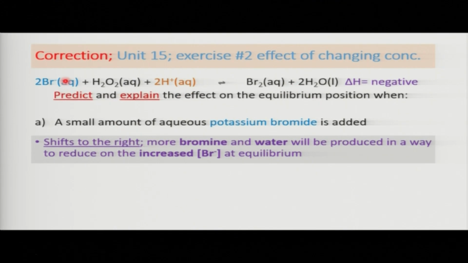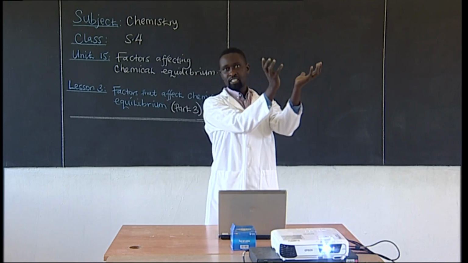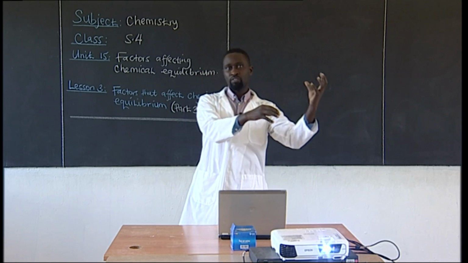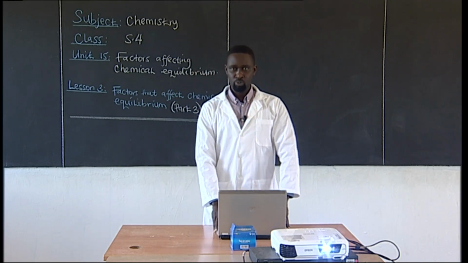Because addition of the bromide increases the amount of bromide ions, making this side higher in amount than this. To balance it up, some portion of this side will move to this side, and that is why the equilibrium shifts to the right. More bromine and water will be produced to counteract the increase in the amount of reactants. In that way, some of the reactants will form the products, and that is the expected response.